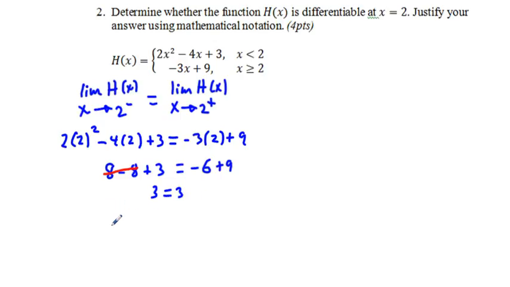And so we say the limit as x approaches 2 of h of x equals 3.